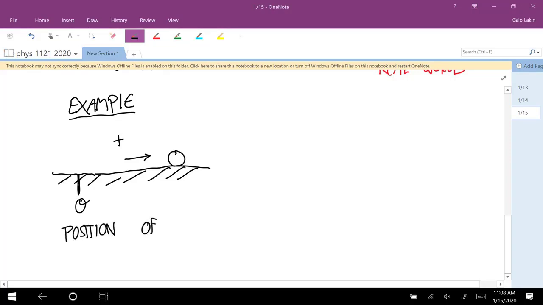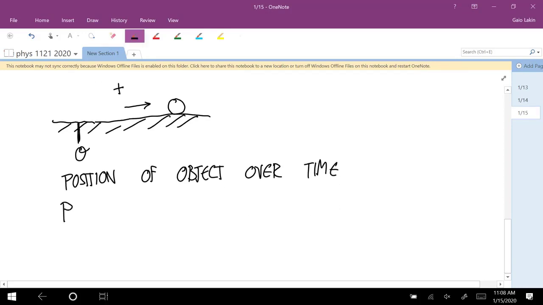And the position of the object over time is given by the function p of t equals 2t cubed minus 20. Let's say this is in meters.